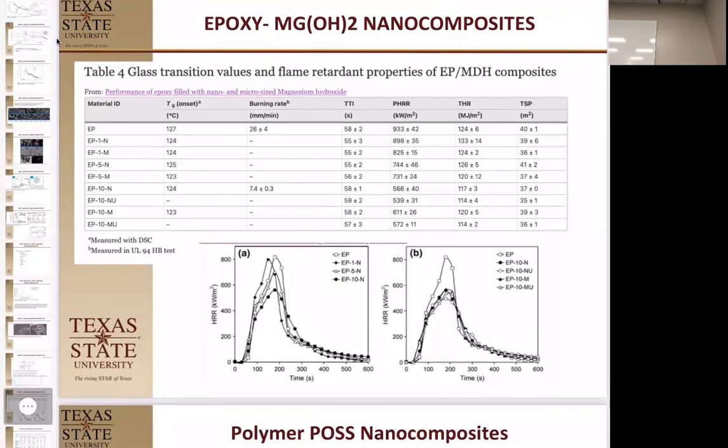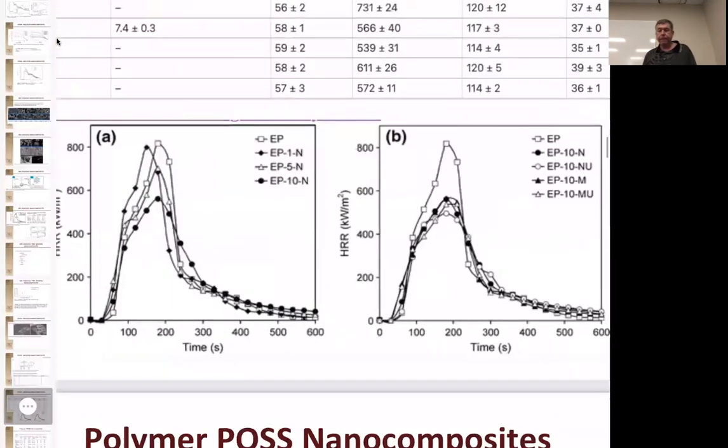The total heat release doesn't really change that much, and the total smoke is lower every time if you have any of the additive at all. So total smoke produced is per, and if you look at their curves here, while the numbers look good, there's not a significant change in the shape of the curve. Okay, they're all burning like plastics.